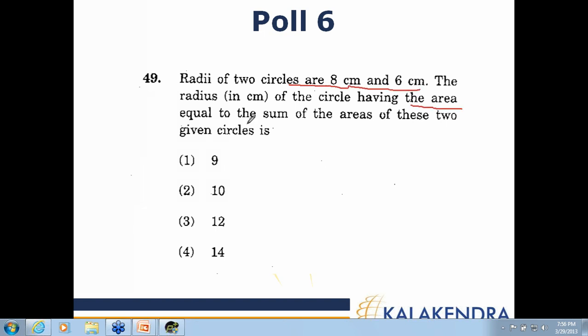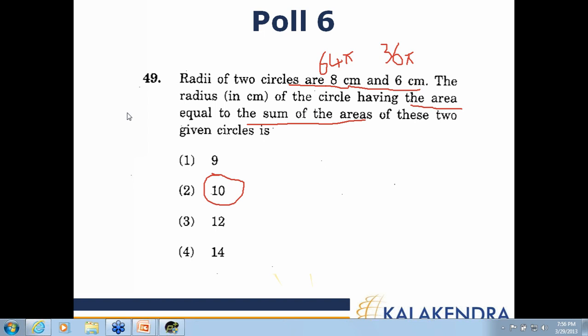Okay, so the area of the first circle is 64 pi because it's pi r square, and the other one is 36 pi. So if you add them up, it's going to give you 100 pi, and hence the correct answer should be 10 centimeters for the radius of the circle whose area is equal to the sum of the areas of these two given circles.